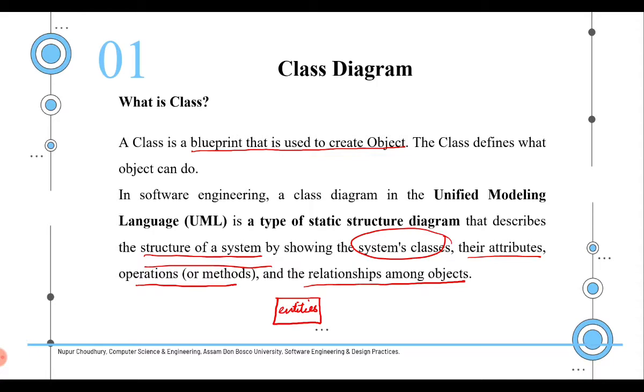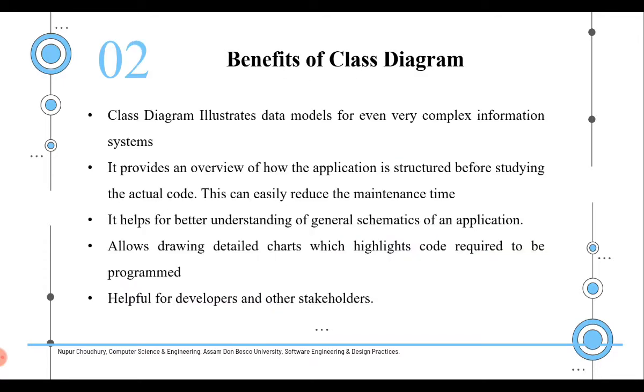The diagram which represents the various attributes of that class, the objects, the different types of operations which the objects or that class can perform, and the relationships among these objects is your class diagram.